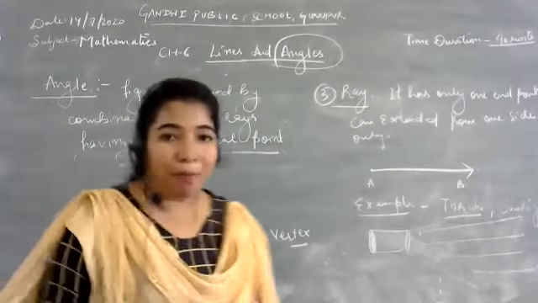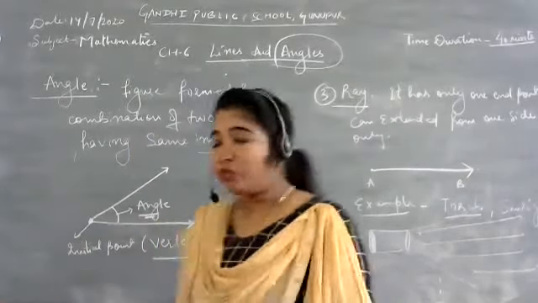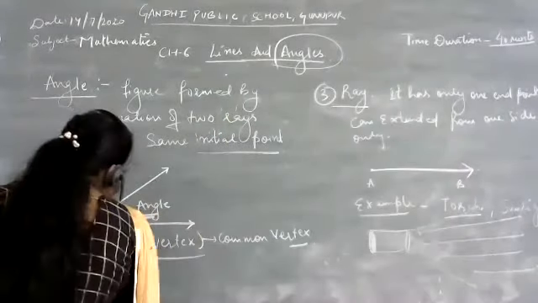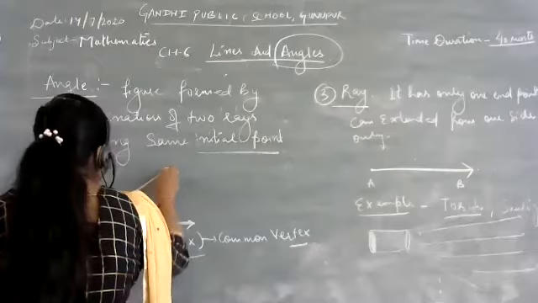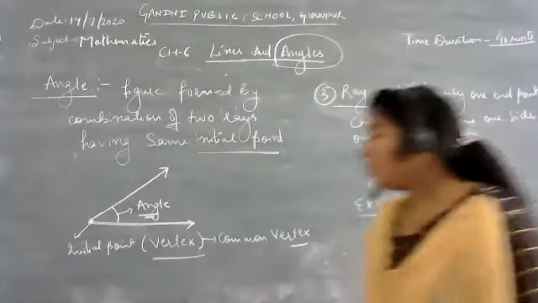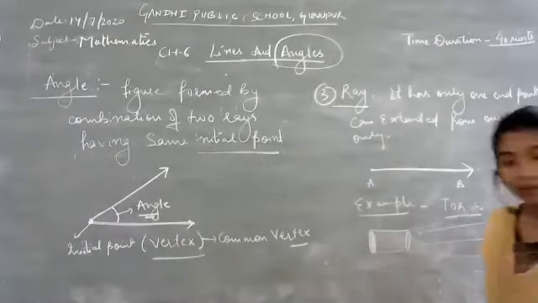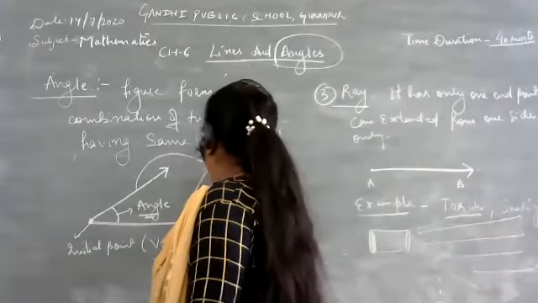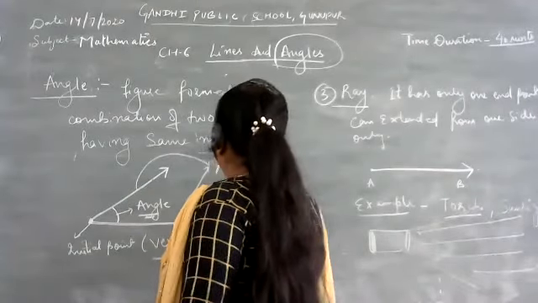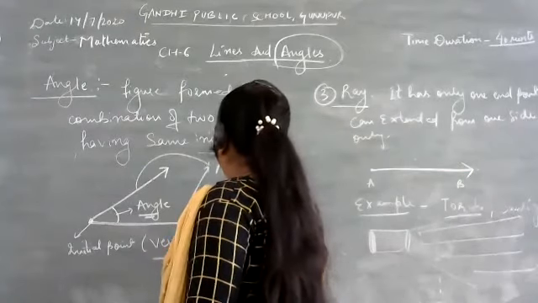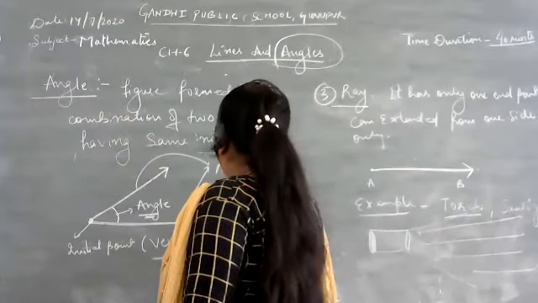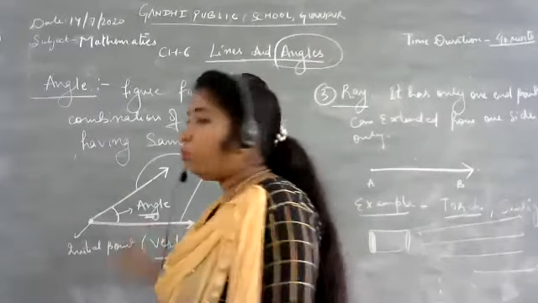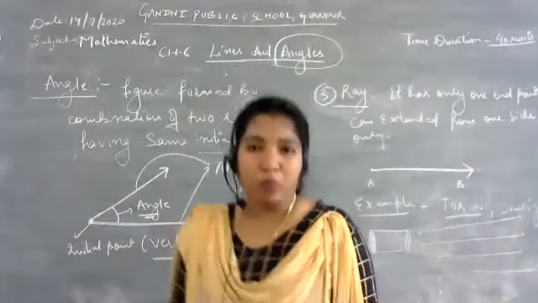And the rays forming the angle, these two rays which are responsible for making the angle, are called the arms of the angle.